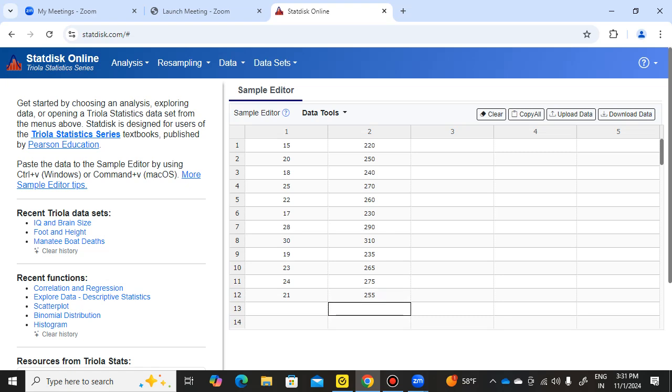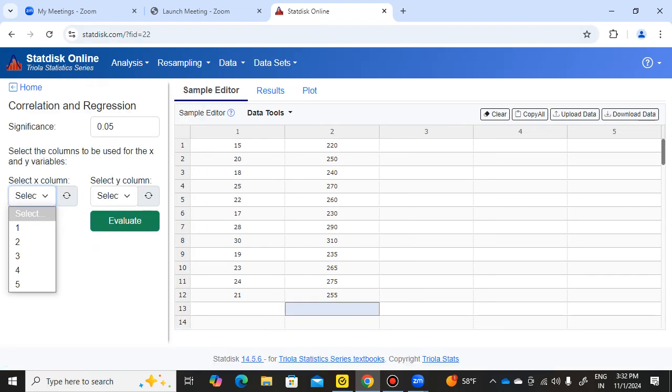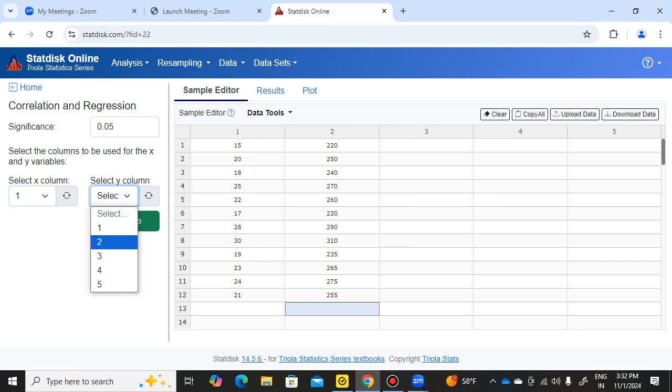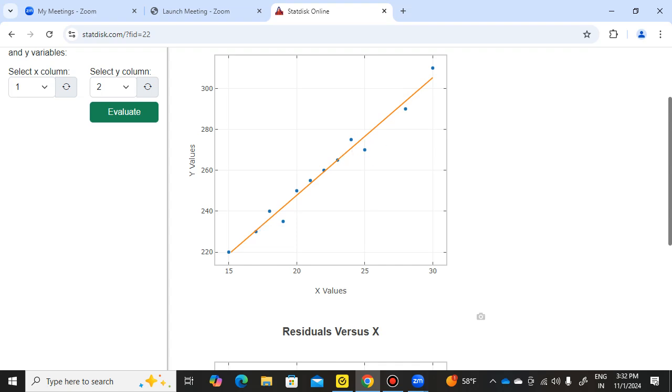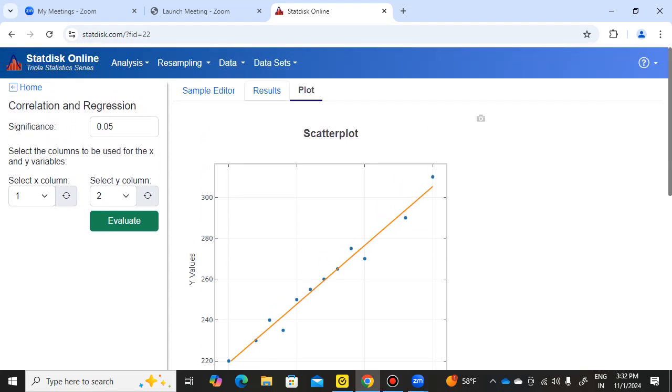Okay. Just double checking here. Okay, so let's look at the graph. Definitely looks like there's correlation, pretty steep.